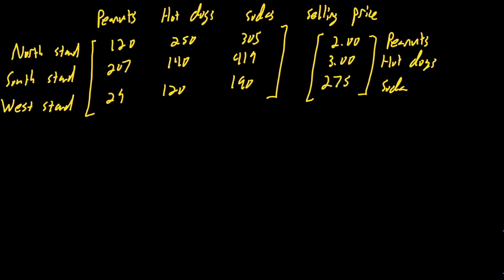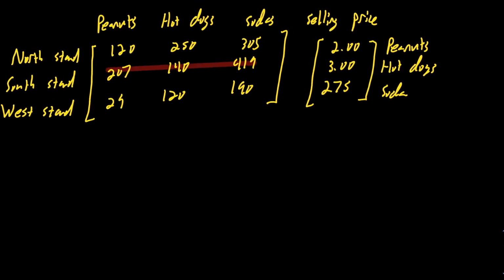Well, let me just pull up my highlighter and let's see if we can calculate the top selling items at the south stand. Pause the video and figure it out yourself, if you know what you're doing. Otherwise, just follow along with me. So we are going to grab the south stand sales at these values right here. We're going to grab the row corresponding to the south stand, and then we're going to multiply that by the selling price given right here.